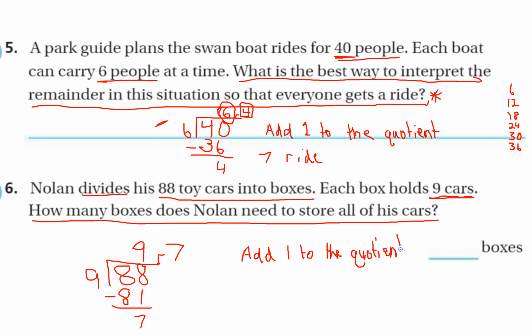Well, I could have skipped this part and just said, well, you need 10 boxes. Okay, so we interpret the remainder by adding 1 to the quotient. The quotient was 9 with a remainder of 7, but we know we need to add 1 to the quotient to make it 10 boxes will hold all of his cars, and we could even hold 2 more cars if we needed to on this one.